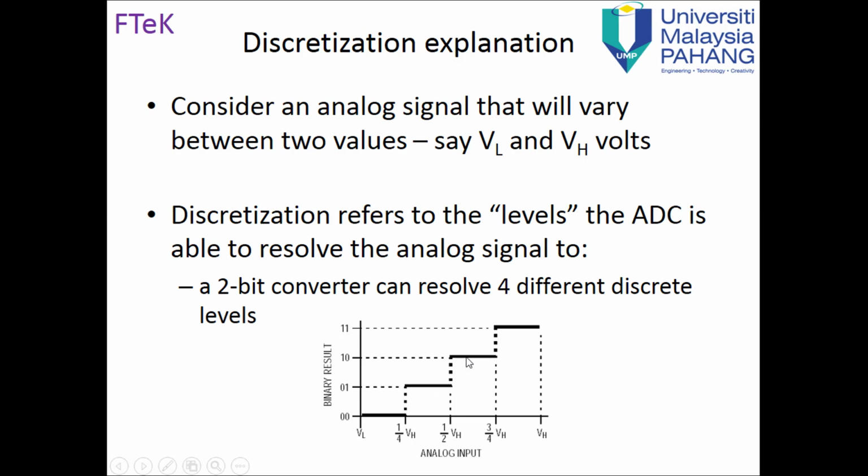Above half of VH, it will be represented by 10 until it reaches 3/4 of VH. Above that, it will be represented by 11. So as I said, they are levels within the range: level 0, level 1, level 2, and level 3.